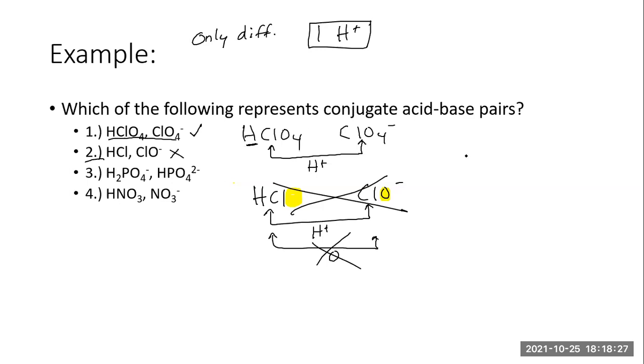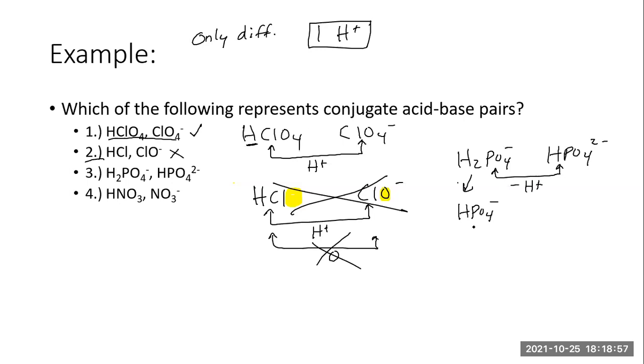If we look at H2PO4 minus and HPO4 2 minus, again, if we look at these two things, the only difference going from left to right there is 1 H+ less. So if I subtract, for example, the H+ out of here, first off, if I take the H, I'm left with HPO4 minus.